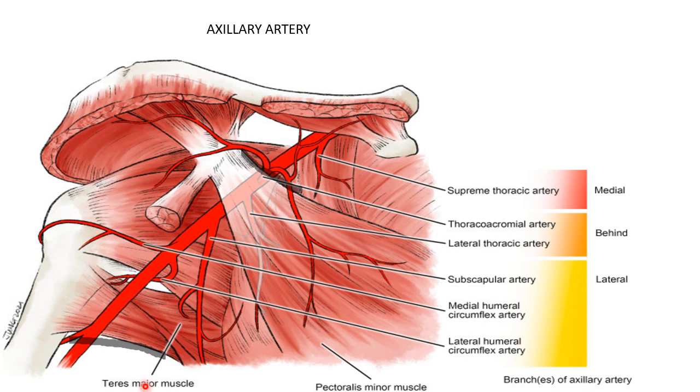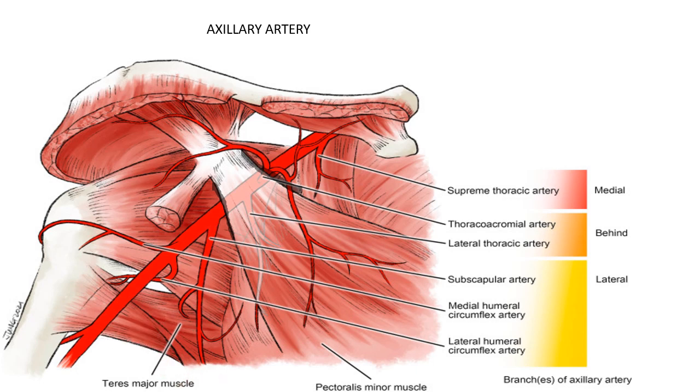Then the second part of the axillary artery runs from the superior margin of the pectoralis minor muscle until the inferior margin of the pectoralis minor muscle there. So it moves posterior. So as you can see, it's moving posteriorly to the pectoralis minor muscle from the superior to the inferior margins. Then the third part is running from the inferior margin of the pectoralis minor muscle until the lower margin of the teres major muscle. So these are the three divisions.